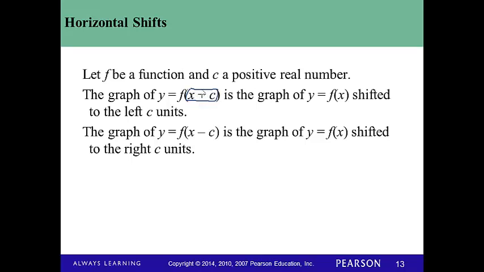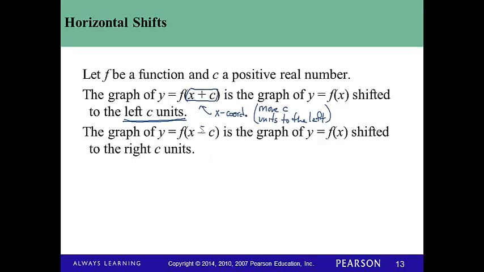If you are adding c to x, then the x coordinate changes by moving c units to the left. It's just the opposite, okay? So if I'm adding c, I'm really moving it to the left.